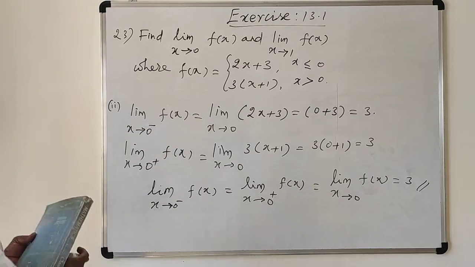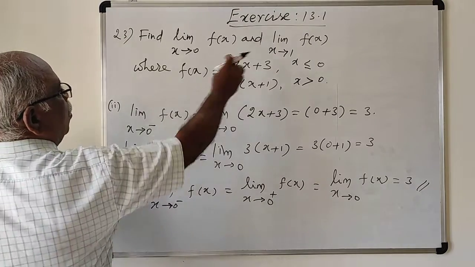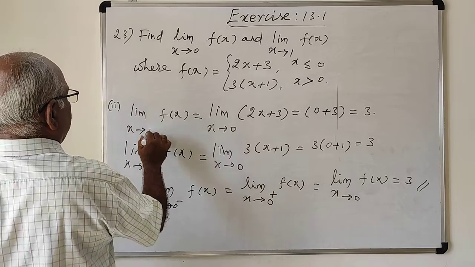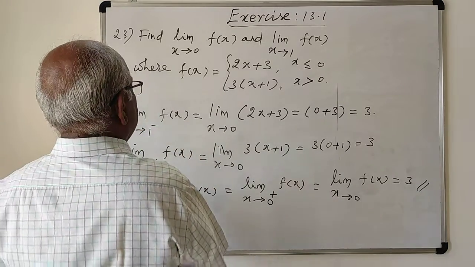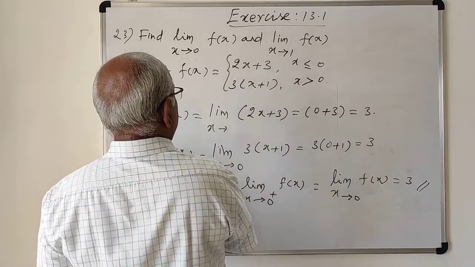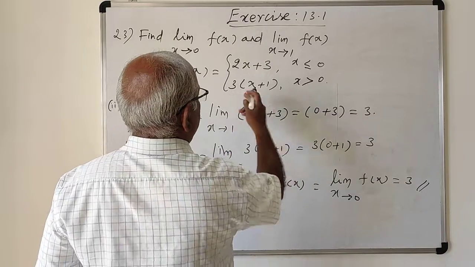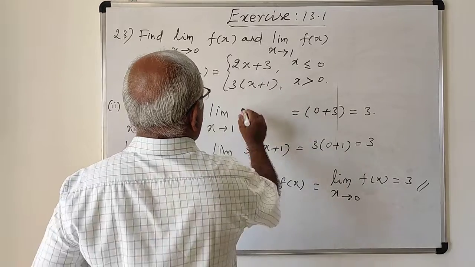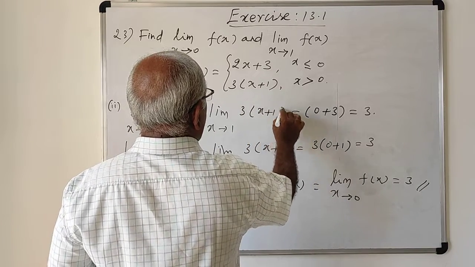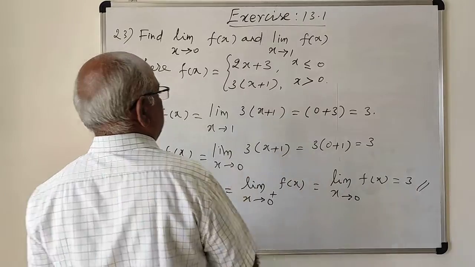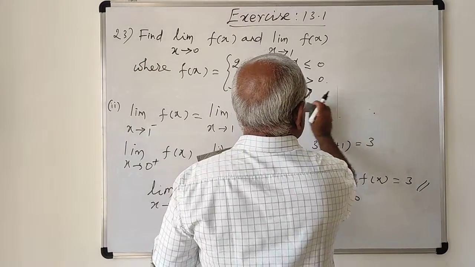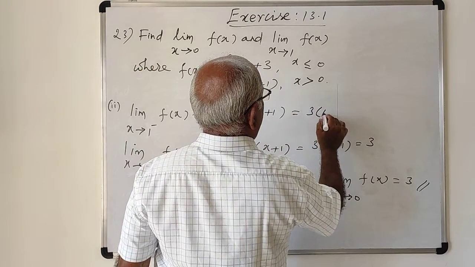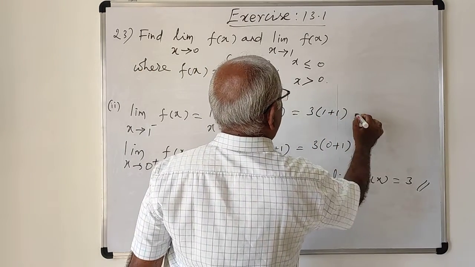Similarly, next one, limit x tends to 1. That is 1 minus: limit x tends to 1 minus of f of x. 1 minus is greater than 0, so the function is 3 into x plus 1. If you apply x equal to 1, 3 into 1 plus 1 is 3 into 2, which is 6.